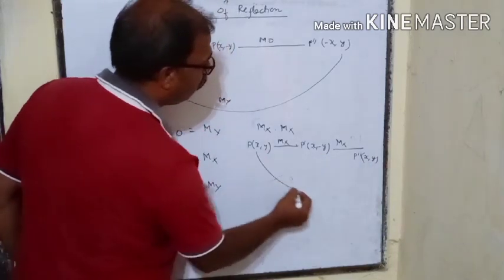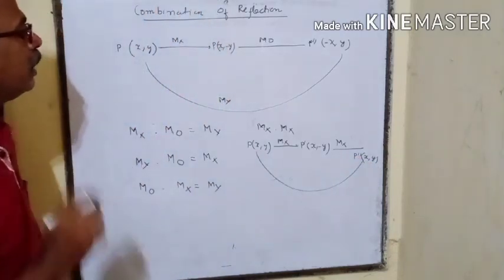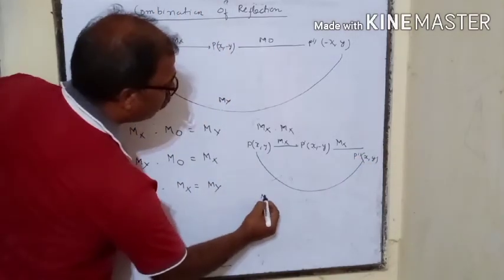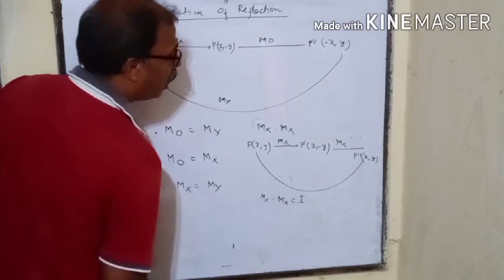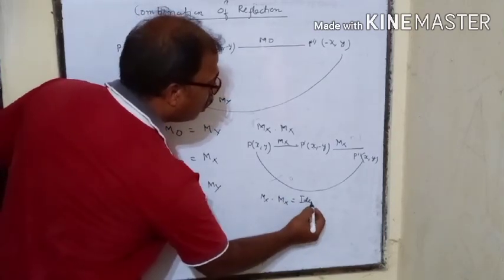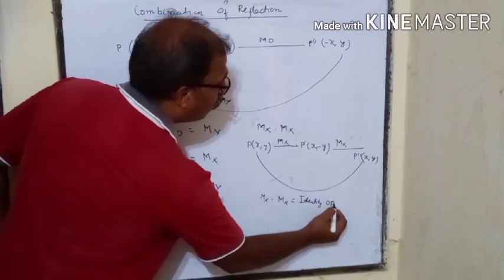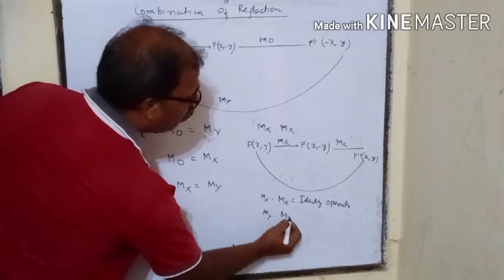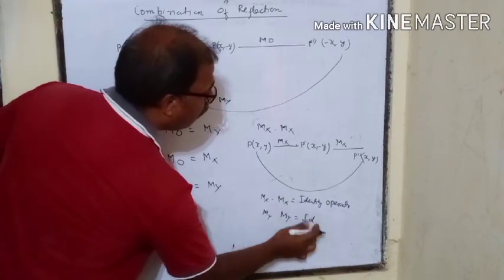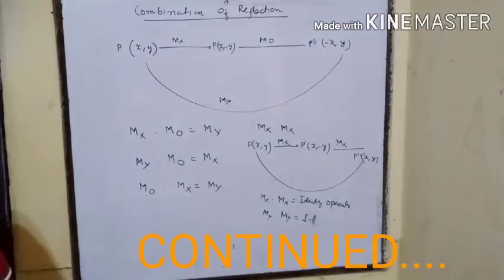So from where we started, there we have reached. So we can say that Mx into Mx is equal to the identity operation. Or similarly, if My and then My is there, then it will again be I, and that is equivalent to the identity operation.